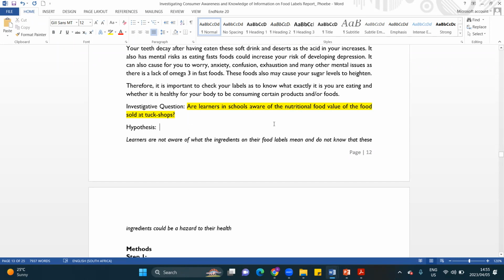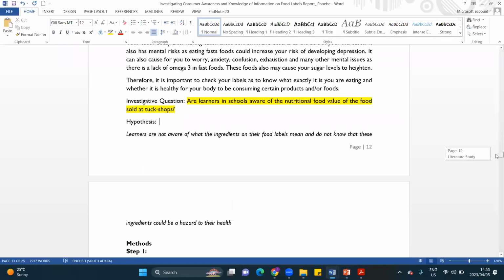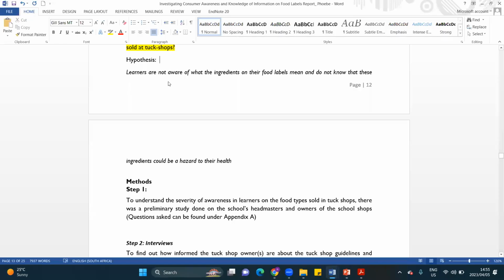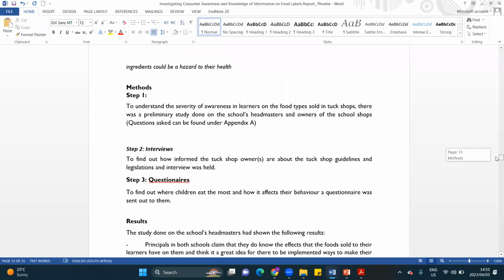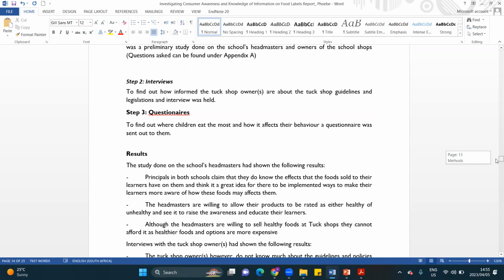So now we get a sense of the learner is looking specifically at the school, and the hypothesis is that learners are not aware of what ingredients are on the food labels. Okay, we're trying to see the difference between the qualitative and the quantitative. Let's see if this learner gives us this information. To understand the severity of awareness, we don't know that one. And then there's interviews, we don't have the sample size.